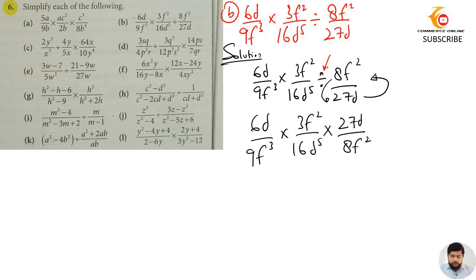Because here the divide sign changes into multiply. Now we're going to do the same thing that we have done previously, that is 6 multiplied by 3, that is 18, and 18 multiplied by 27.